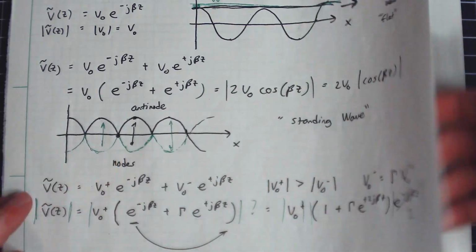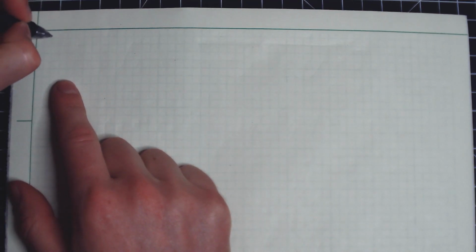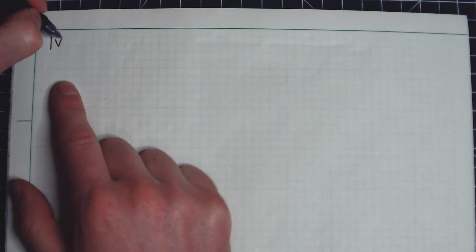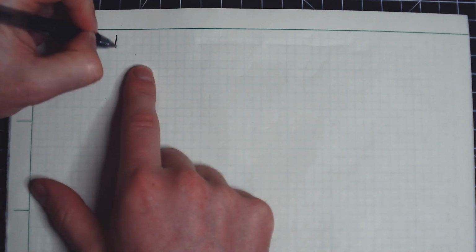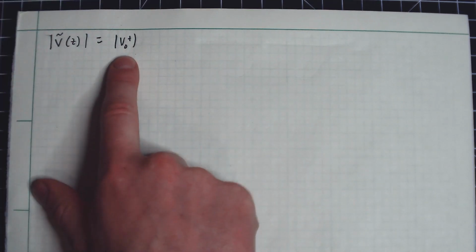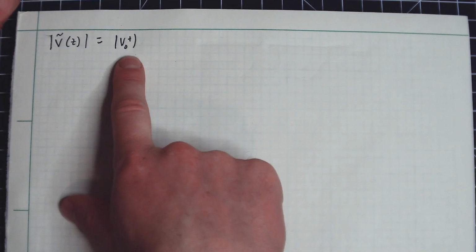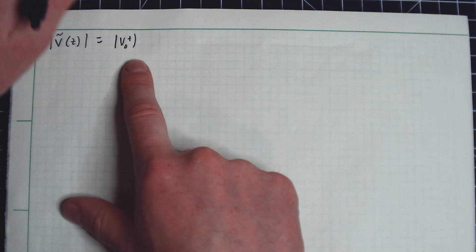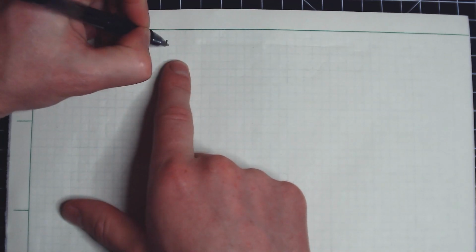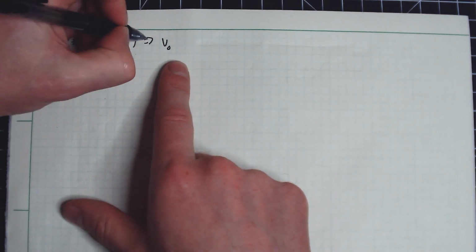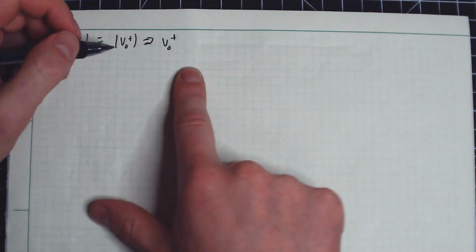So let's work that out now. What I will have is the magnitude of my new V of z is equal to the magnitude of the forward traveling wave, and for simplicity, let's assume this is real valued. We can leave it as a magnitude later. If it's real valued, I'm just going to stop drawing these absolute values here.